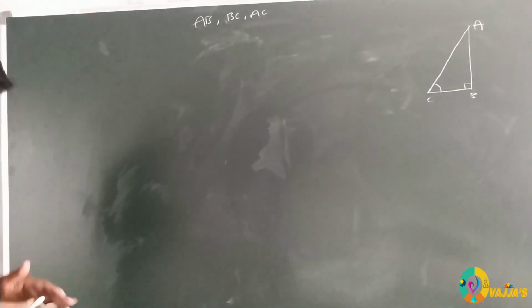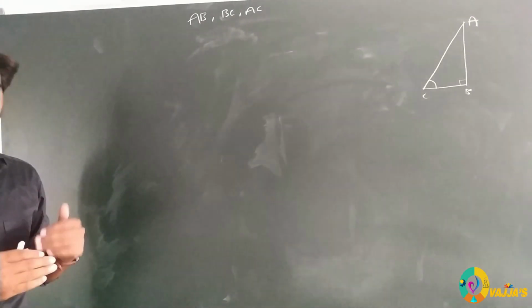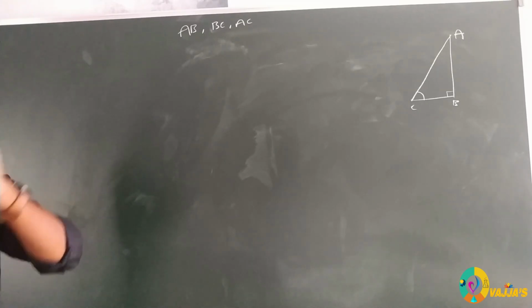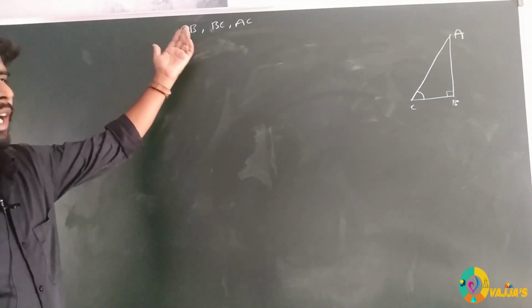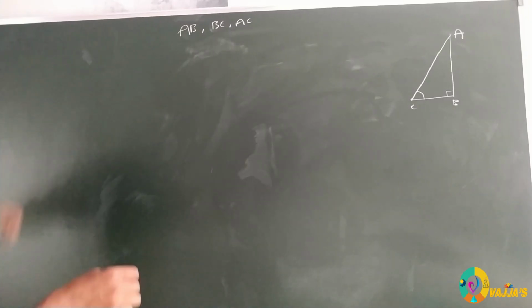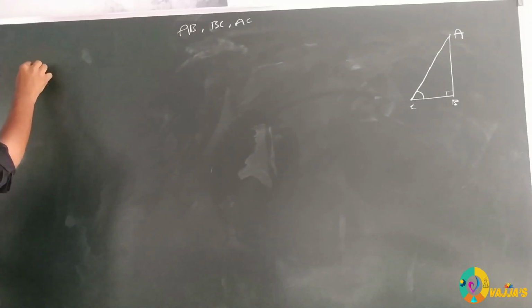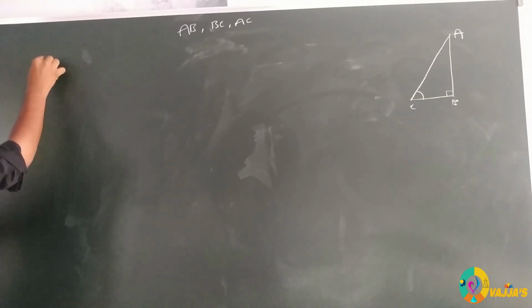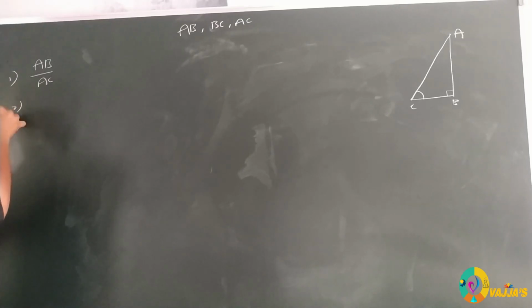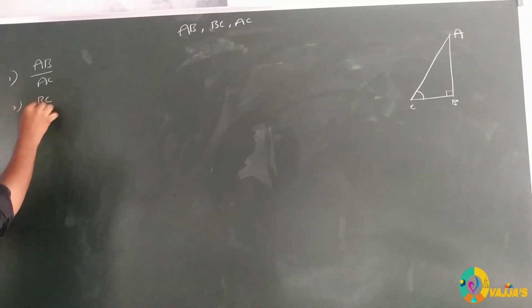So what are the trigonometric ratios actually? A relation between the sides and angles of a right angle triangle expressed in the form of ratios. So we have to make ratios by using these sides. Look here. First I am taking AB by AC, one ratio, and next one BC by AC.